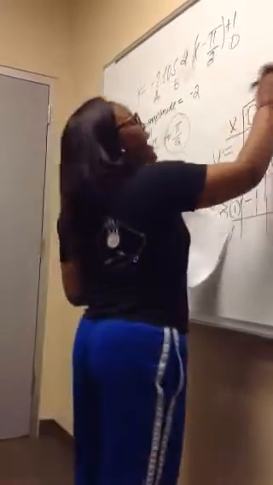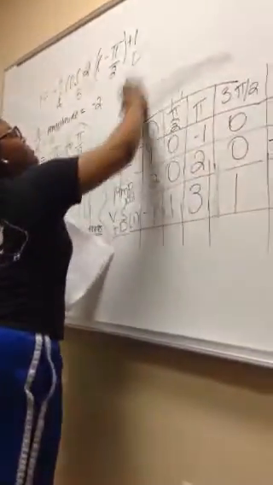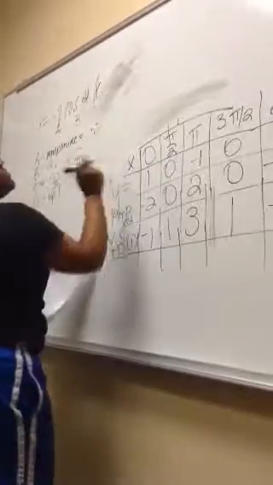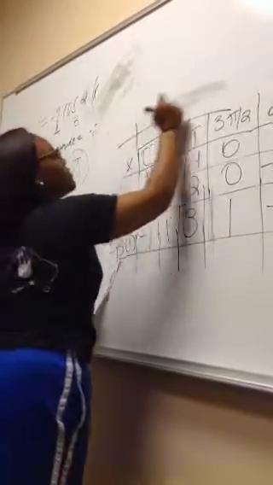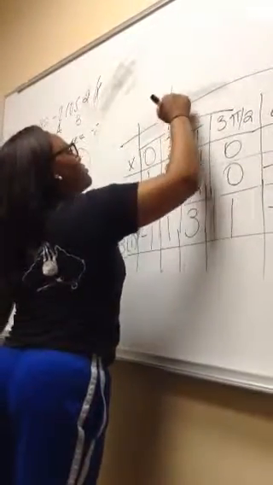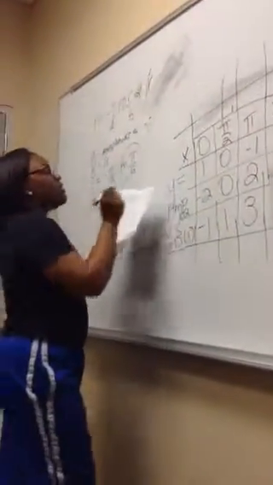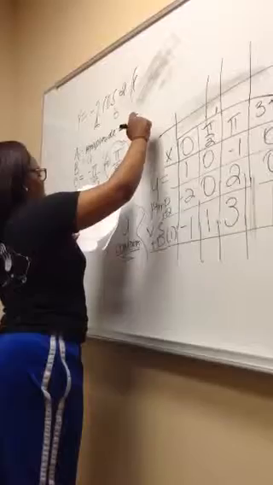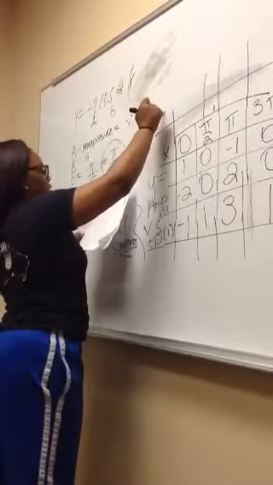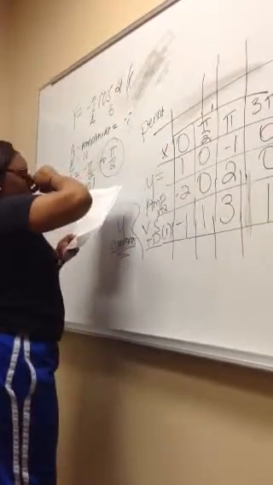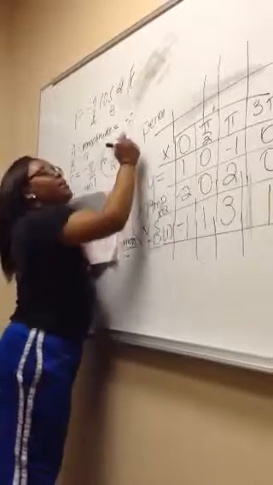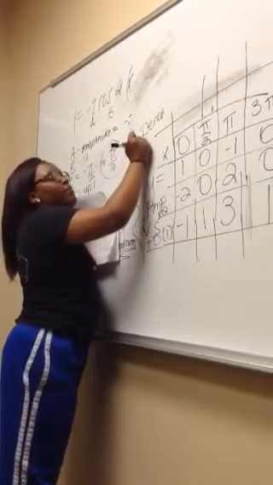So in order to determine x, we will have to find the period first. And how you find your period is pi divided by b.